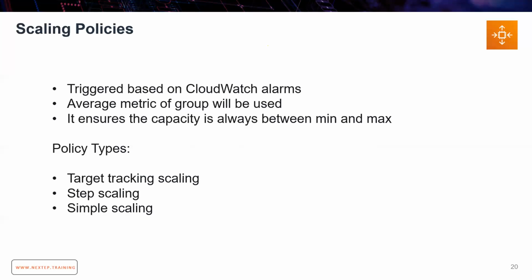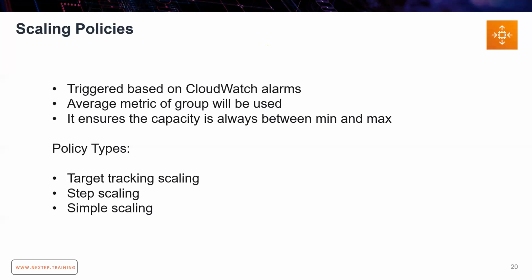The step scaling is where you specify more requirements for your scaling. Like, if CPU utilization is between 40 and 60%, add EC2 instances. But from 60 to 80%, add 2 EC2 instances. If it goes above 80%, add 5 more EC2 instances.